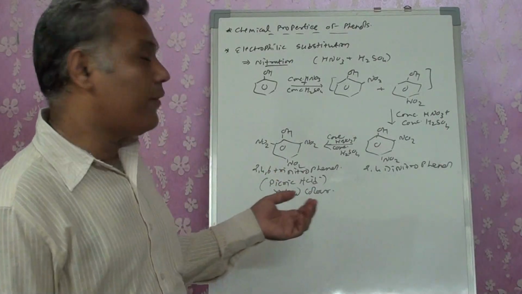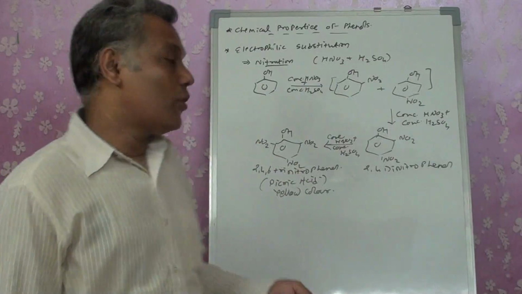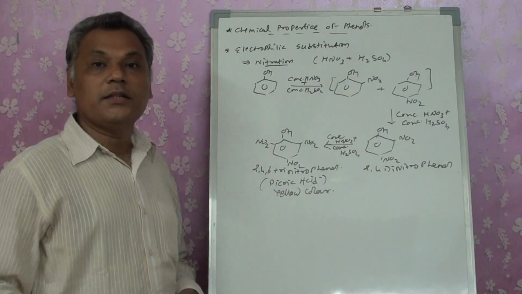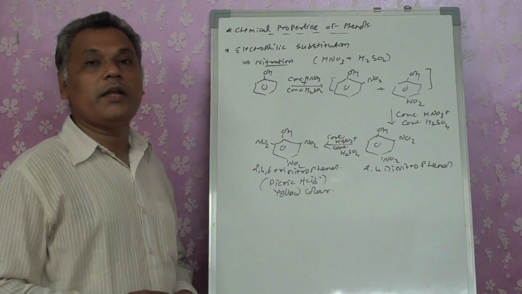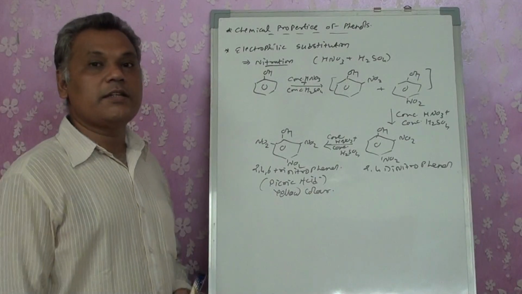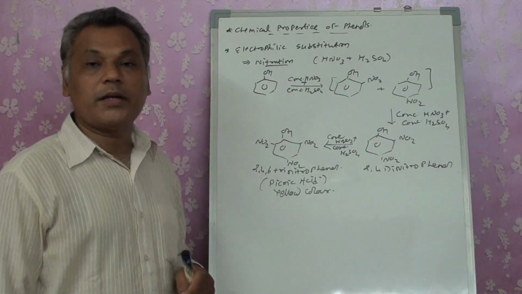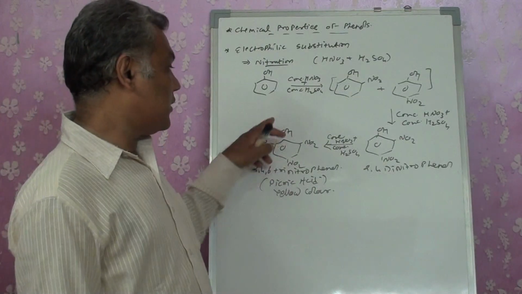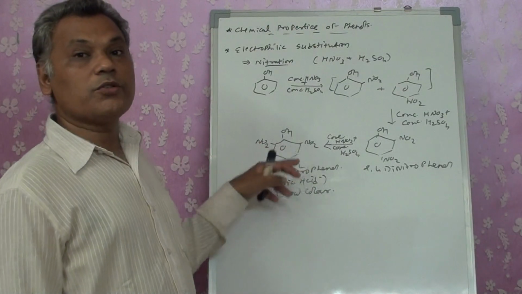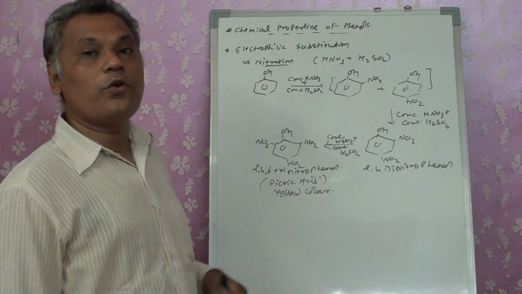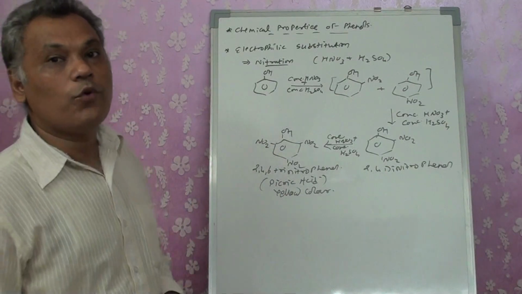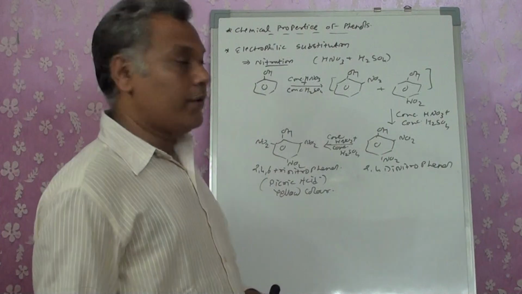So it is sulfanilic acid or picric acid. These are the two which do not contain carboxylic groups, still they are acidic in nature, and that's why we want to remember that picric acid is one of the acids, because the NO2 electron withdrawing groups make phenol a more and more stronger acid, right?